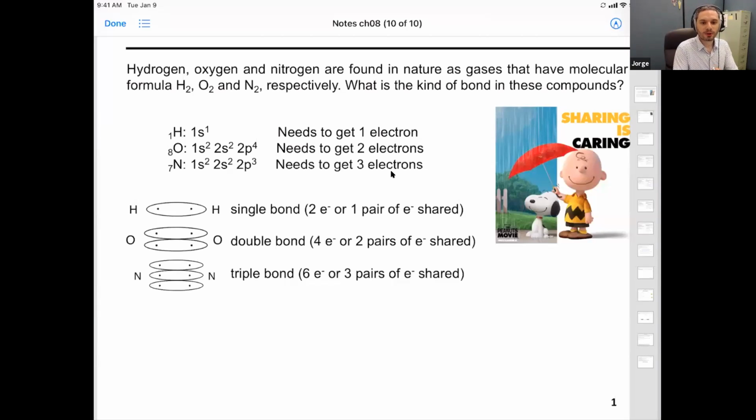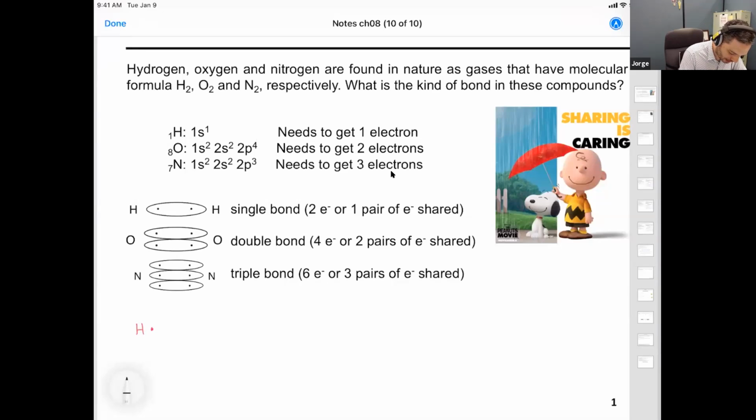Okay, so when we have only one pair of electrons being shared, we call this a single bonding. And that's what happens when a hydrogen combines to another atom of hydrogen, okay? Showing right here. So in this case, we are going to represent the number of valence electrons by a dot.